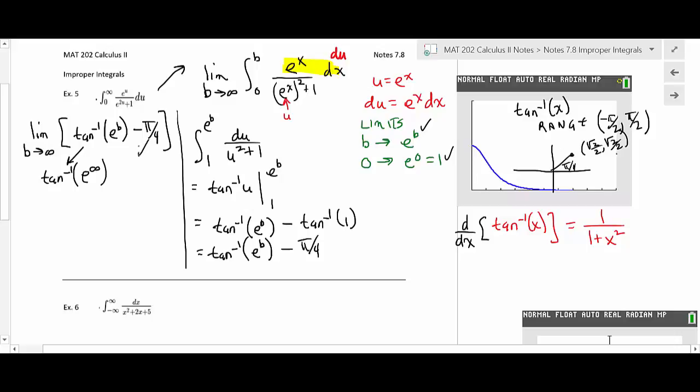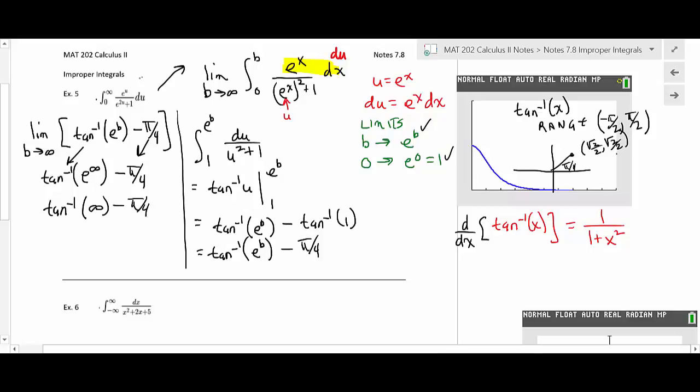And we know the limit of pi over 4 as b goes to infinity is just that constant, right? So for all practical purposes, we are doing the inverse tangent of an infinite number. That's what we're doing. Now, your ability to do this depends on your trig background a little bit.